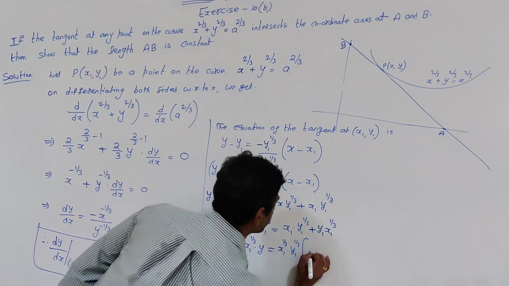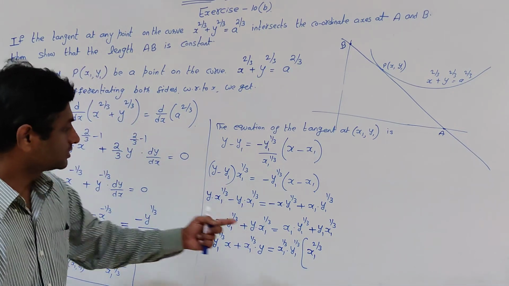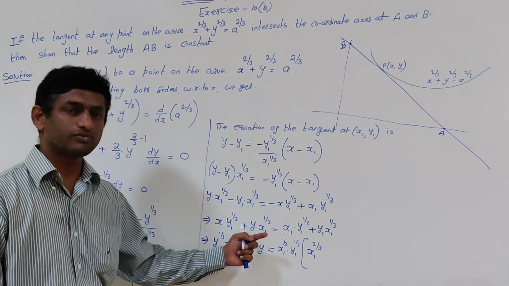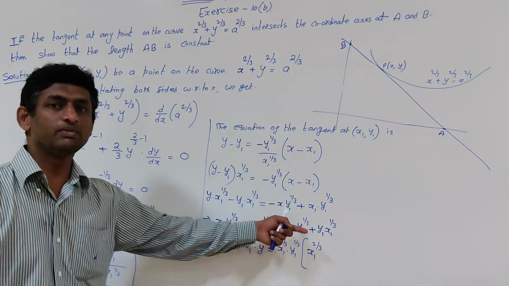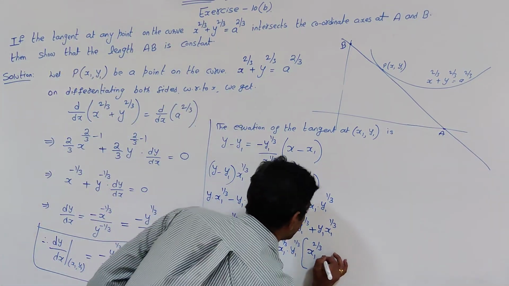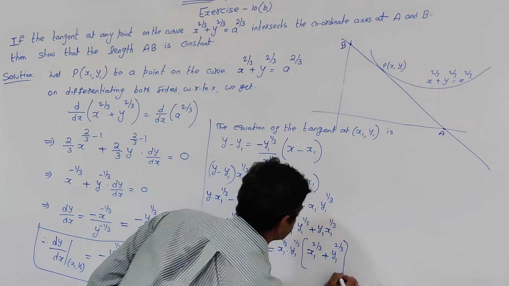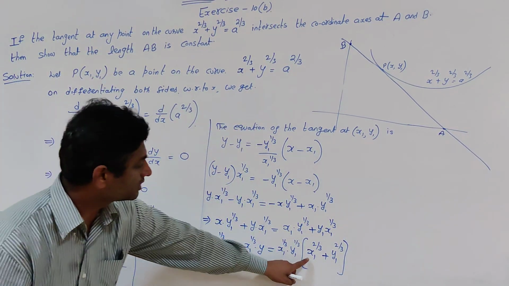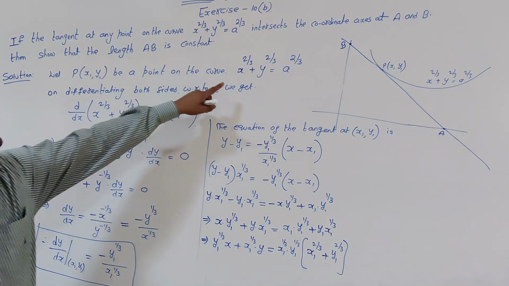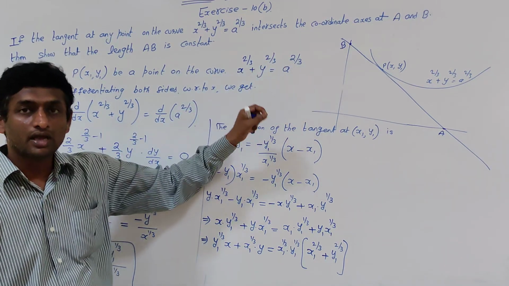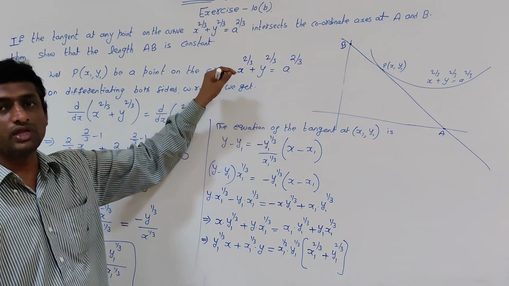It will be x1 to the power of 2 by 3, because from x1 we have already taken x1 to the power of 1 by 3 as common, so 2 by 3 will be left over, plus y1 to the power of 2 by 3. But what is the value of x1 to the power of 2 by 3 plus y1 to the power of 2 by 3? It is a to the power of 2 by 3, as x1 comma y1 lies on the curve.